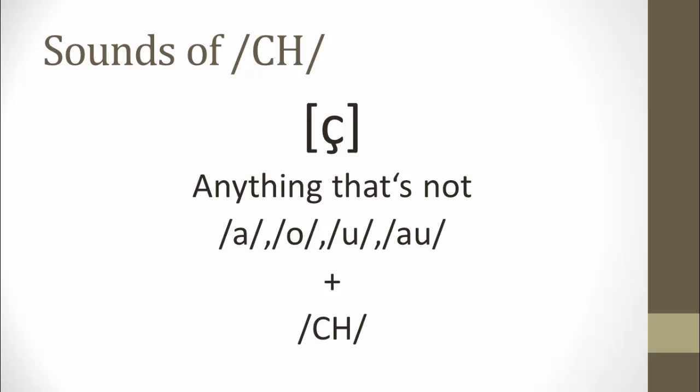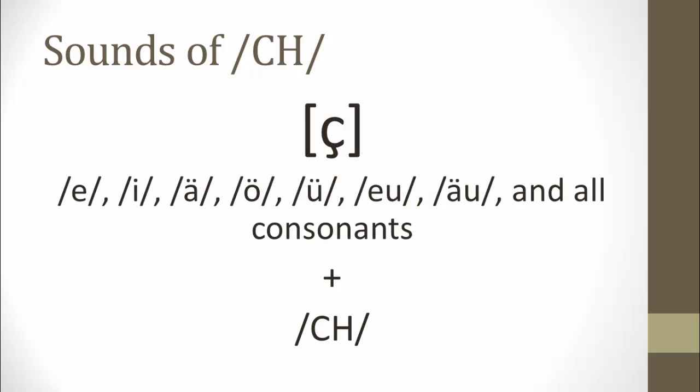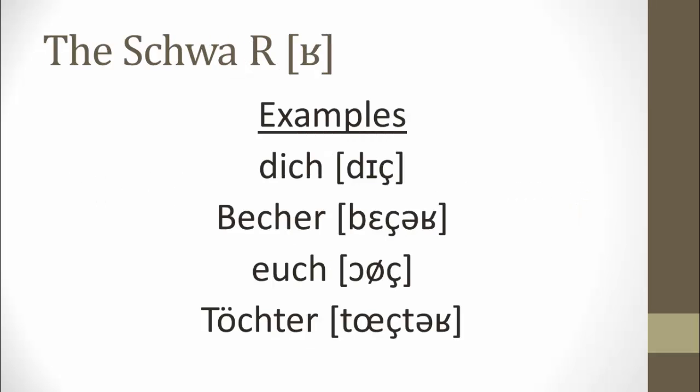And then we use the Ich-laut in anything that's not A, O, U, or AU plus CH. If you need something more specific, here we have everything listed out. That includes all these vowel spellings and all consonants. And here we have some examples: dich, Becher, euch, Töchter.